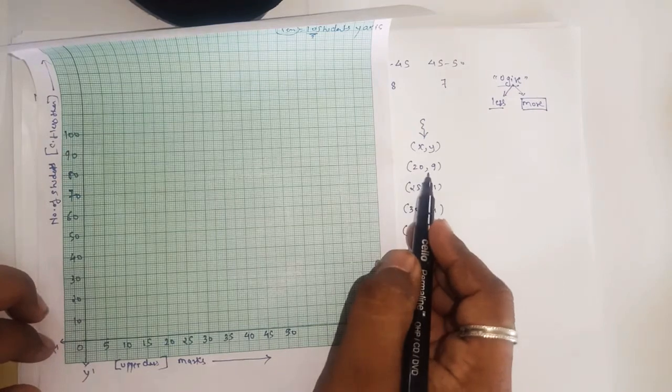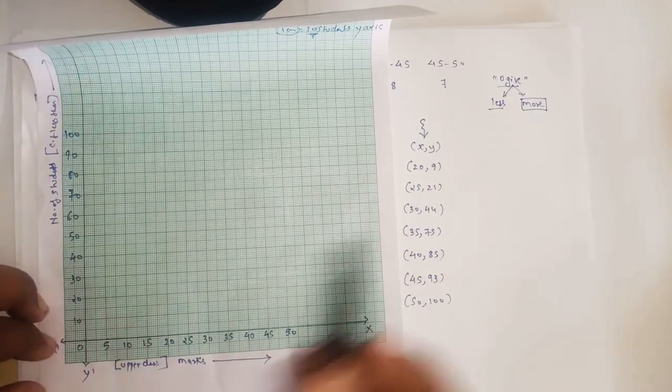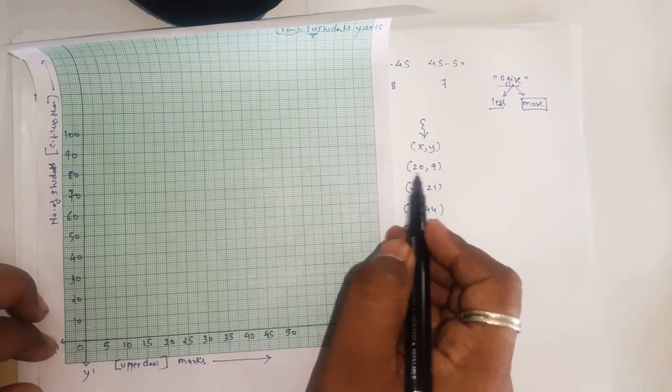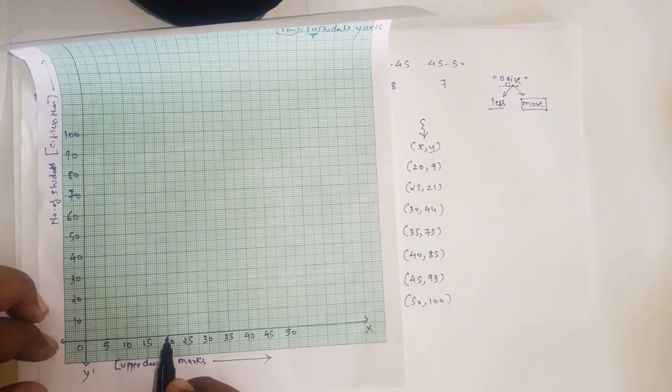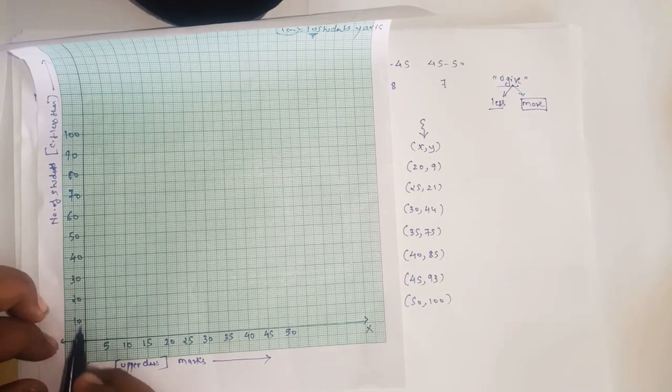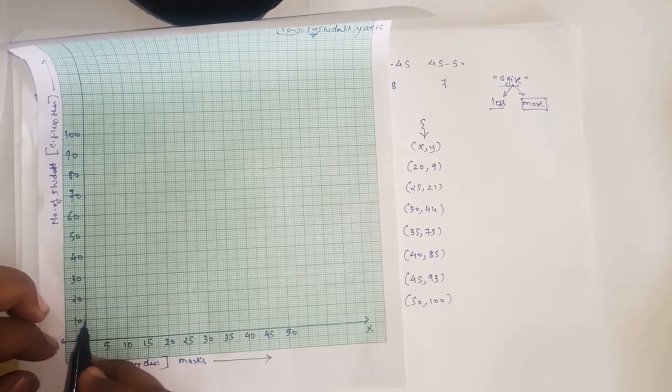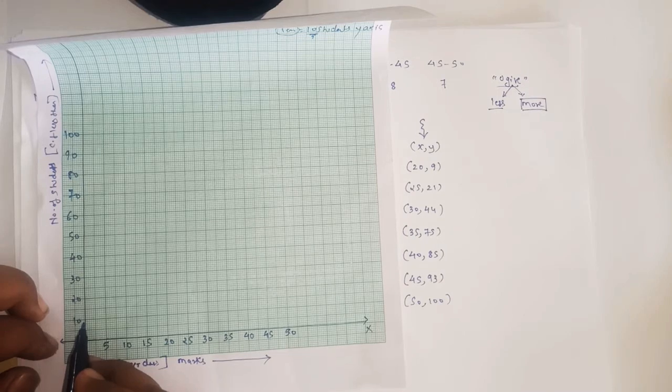As here the first point is 20 comma 9: on the x-axis we have to see 20, on the y-axis we have to see 9. So here we can clearly see that 20 is here. And from 0 to 10, there are 10 lines, so 9 will come just below this 10. Yes or no?